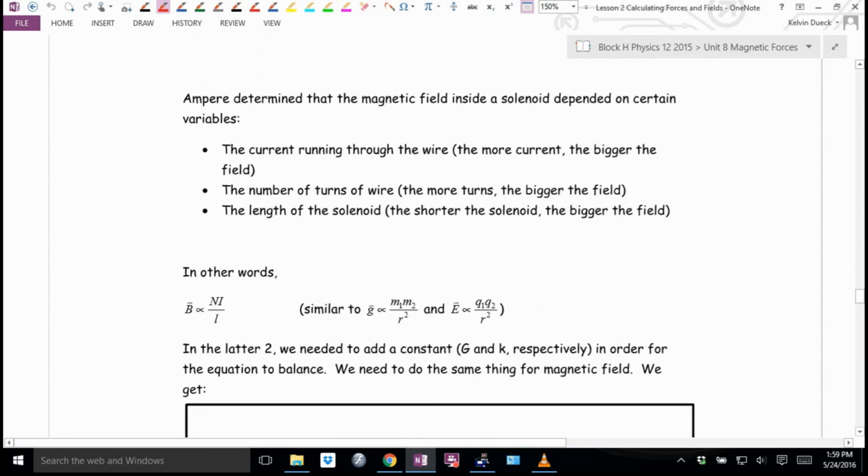Ampere determined, turn the page, that the magnetic field created by a solenoid depended on certain variables. He found the more current, the bigger the field. He said, I think I is on the top of the equation. He found the more turns, the bigger the field.